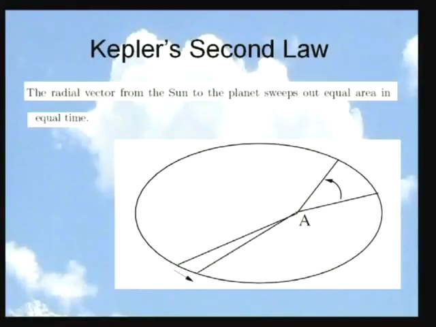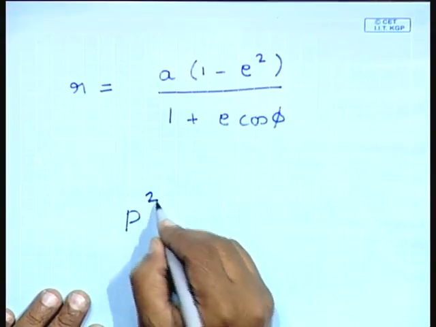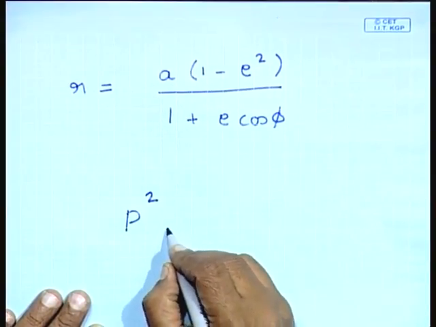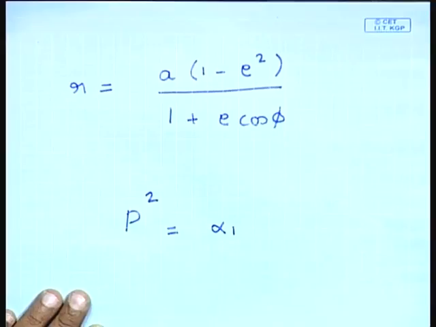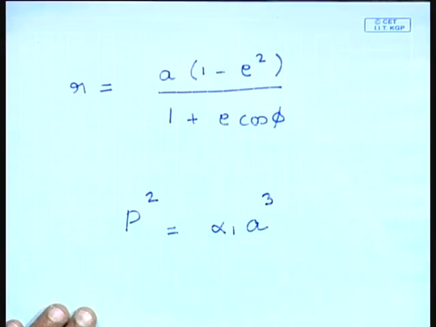The second law says that the radius vector from the sun to the planet sweeps out equal area in equal time, and the third law says that the square of the period is proportional to the semi major axis cube. So, it would be useful to keep these in mind as we discuss the solar system.